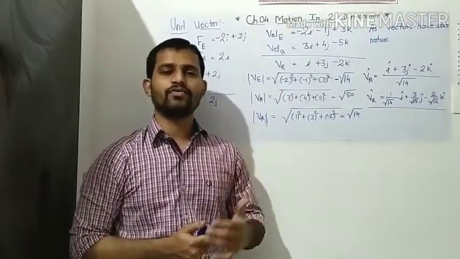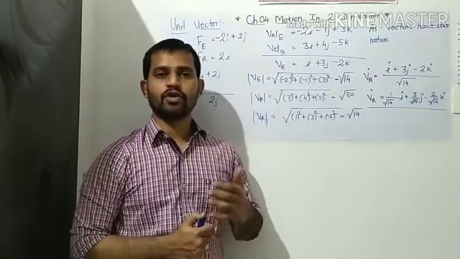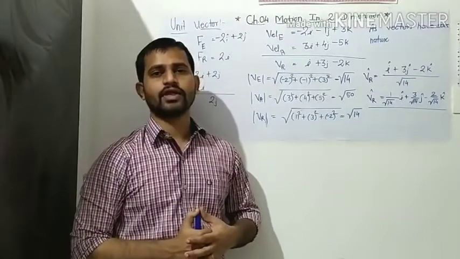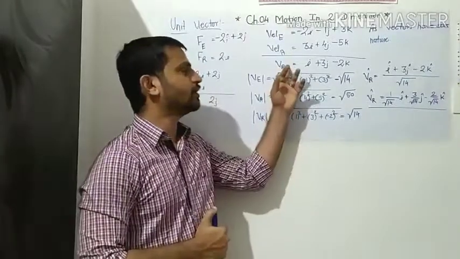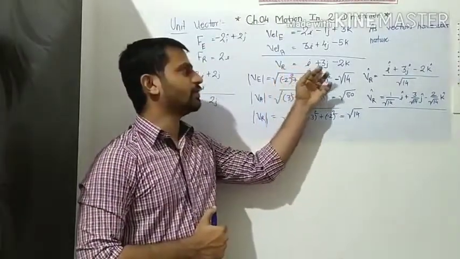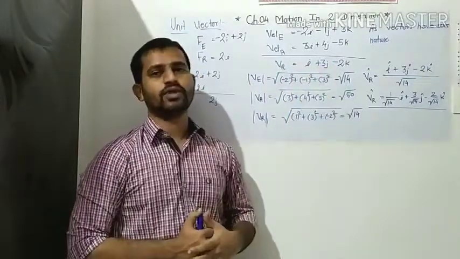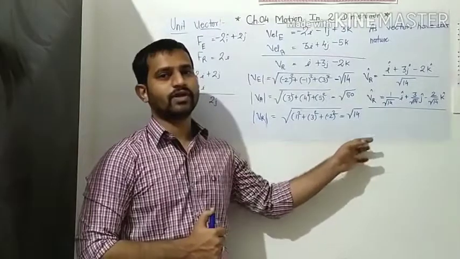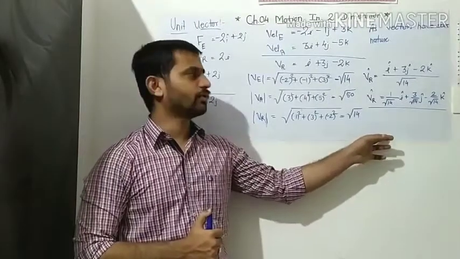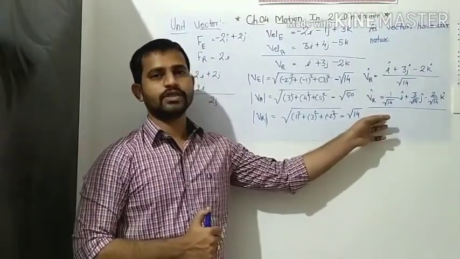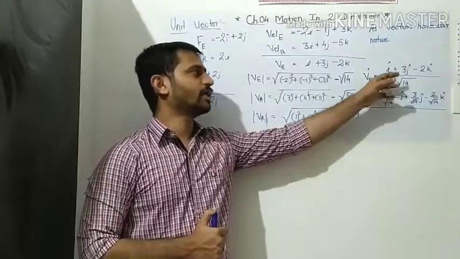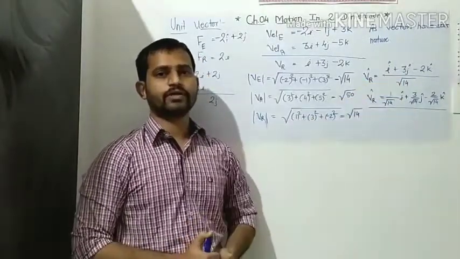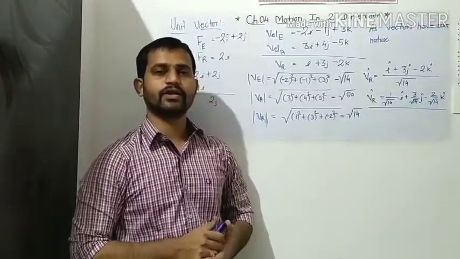You can directly go for the regular operation on those vectors for their addition. So we get the resultant vector equal to i cap plus 3j cap plus 2k cap, and then we get its magnitude. Finally we can find out the unit vector along that resultant vector by taking the vector itself upon its magnitude. So that is the unit vector in physics.